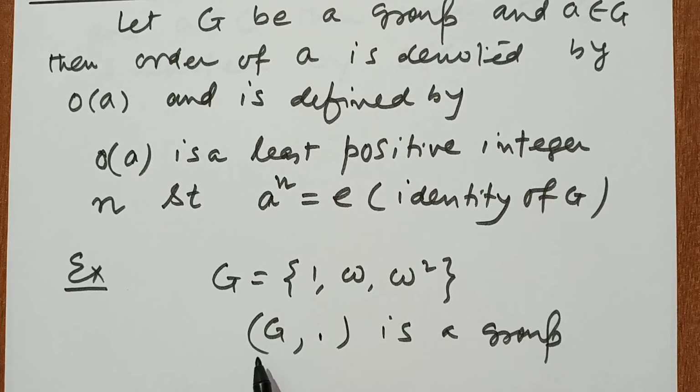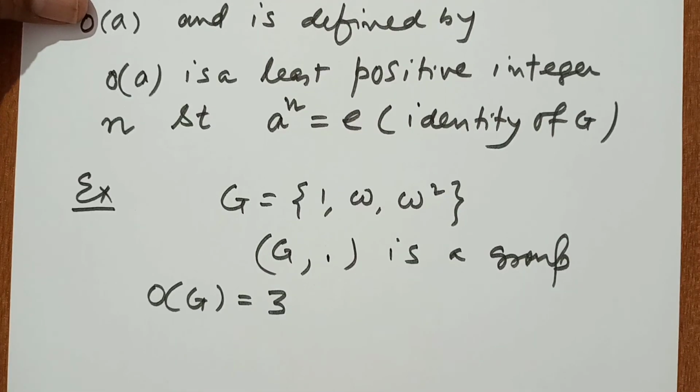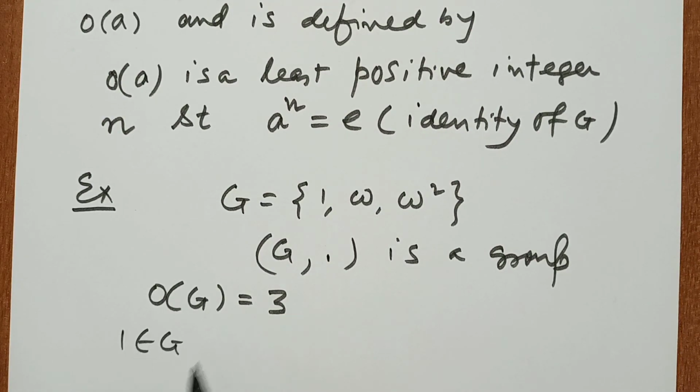One question: what is the order of the group? How many elements are in G? 1, 2, 3. So the order of G is 3. Now I want to explain the order of each element of G. Here 1 belongs to G. What is the order of 1? The order of 1 is equal to 1. How do you calculate it?